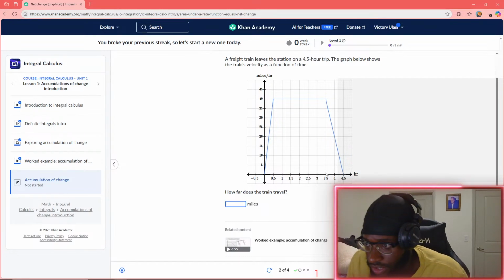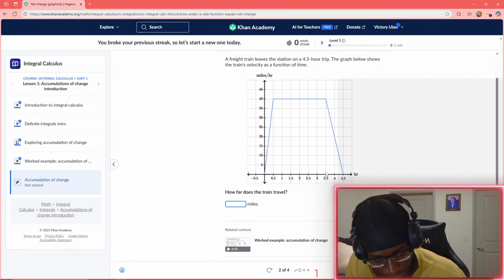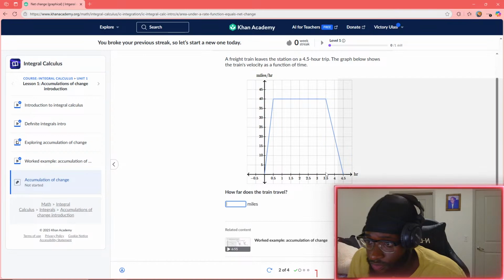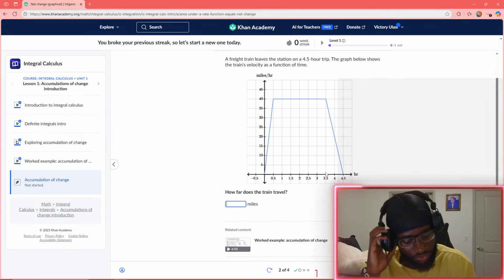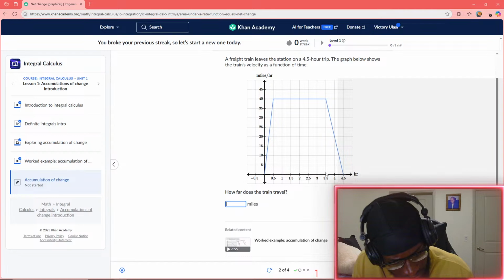So this is just 3 times 40. And the other side is 1 over 2 times 3.5 to 4.5. That's 1. So 1 over 2 times 1 times 40. So 40 over 2, which is 20. So this is 140, 150.